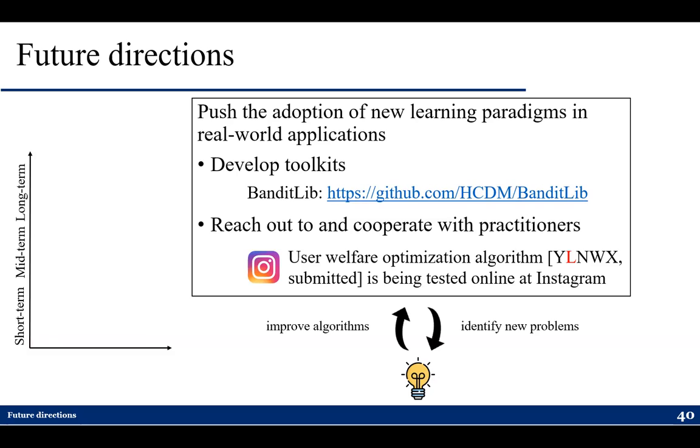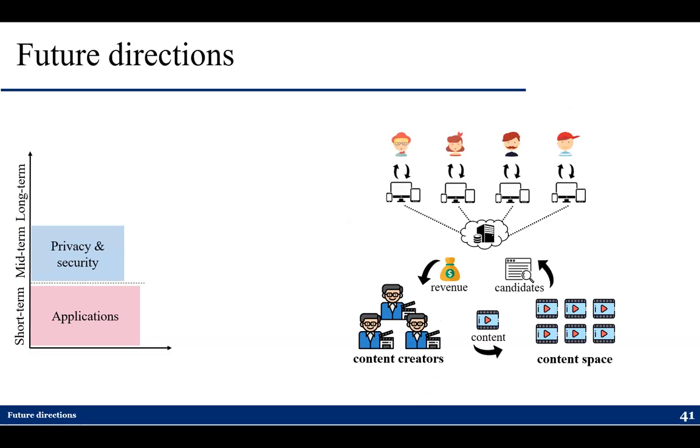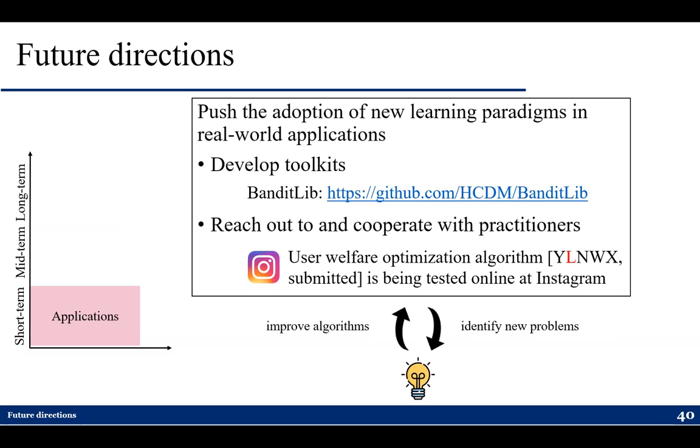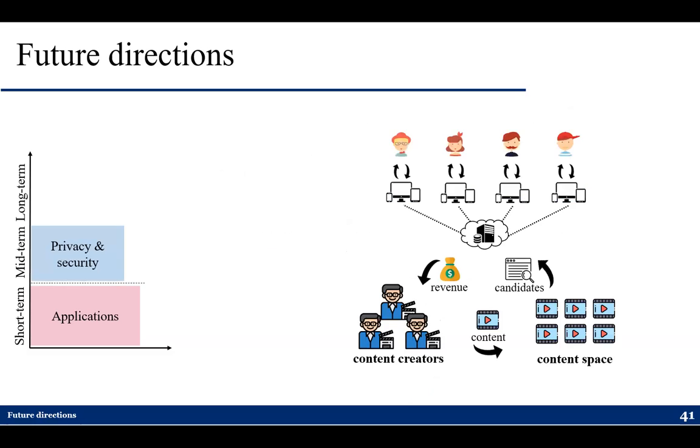We are running this social welfare optimization algorithm on Instagram to do the online test. Pushing these new learning paradigms to practical application scenarios lets us identify new problems, and that helps us improve the algorithms and problem formulation to make them usable and relevant to practice.